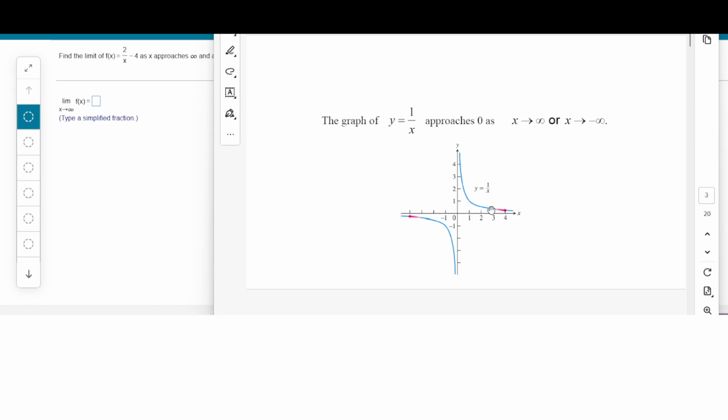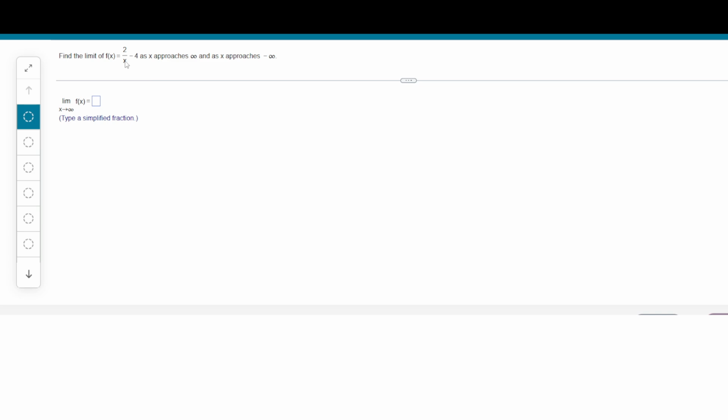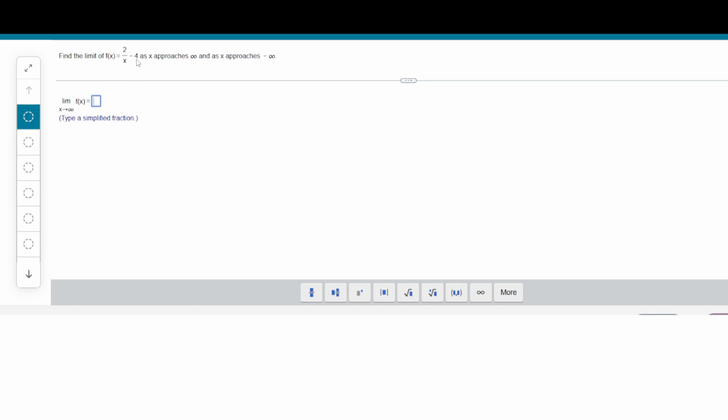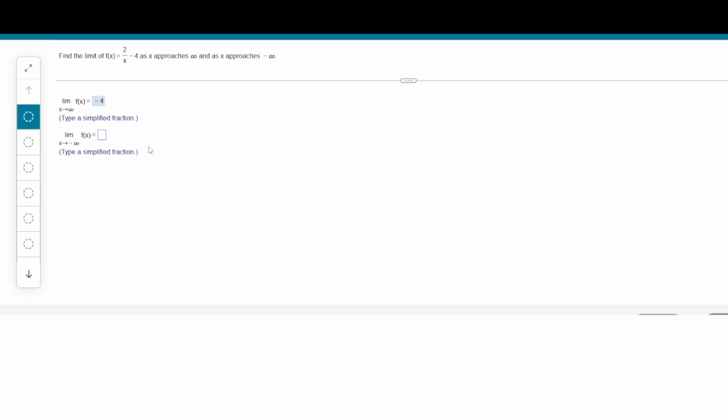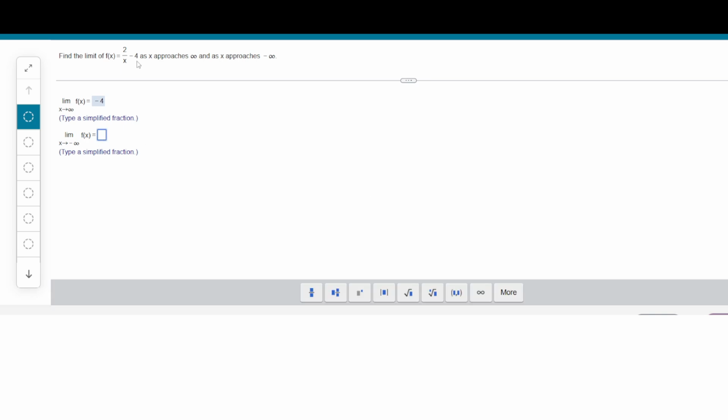When x approaches infinity, the 1 over x goes to 0. So in this case, when x approaches infinity, 2 over x goes to 0, and then what is left over would be negative 4. So the limit would be negative 4. When x approaches negative infinity, again, it's going to be negative 4.